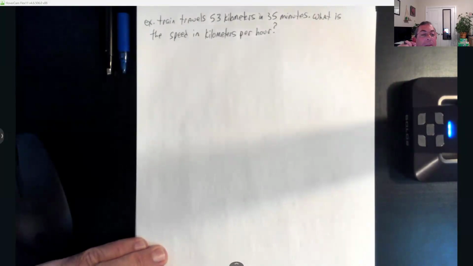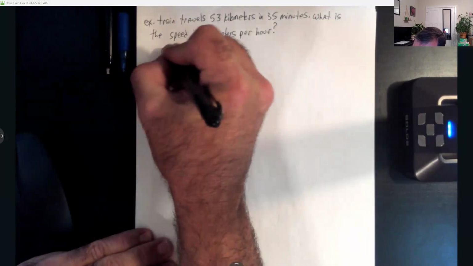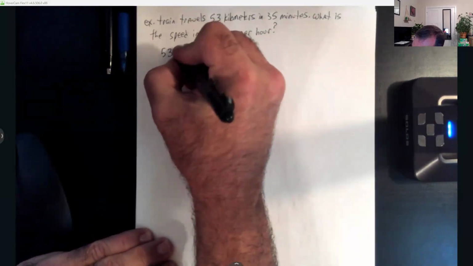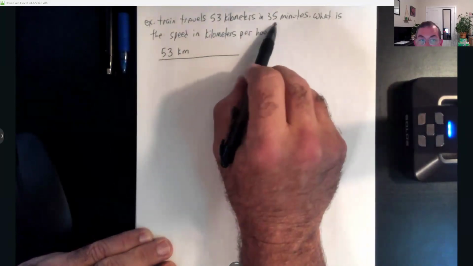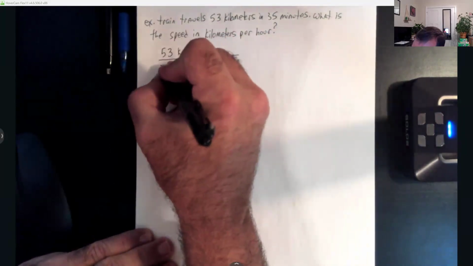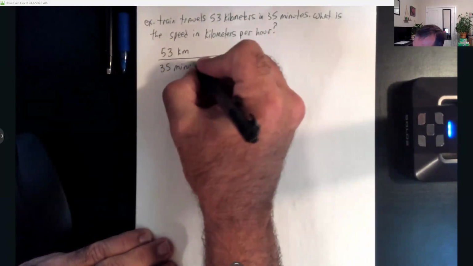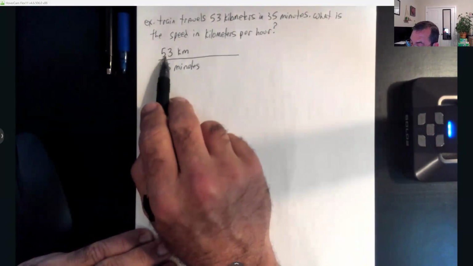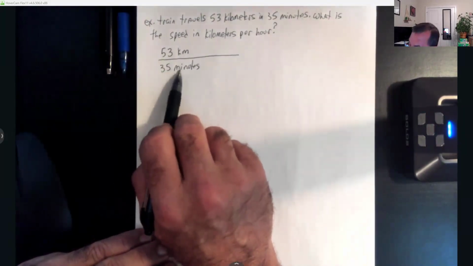Okay, so here's what we know. It does 53 kilometers, and I'm just going to call that km, in 35 minutes. So that'd be 35 minutes on the bottom. So 53 kilometers per 35 minutes.